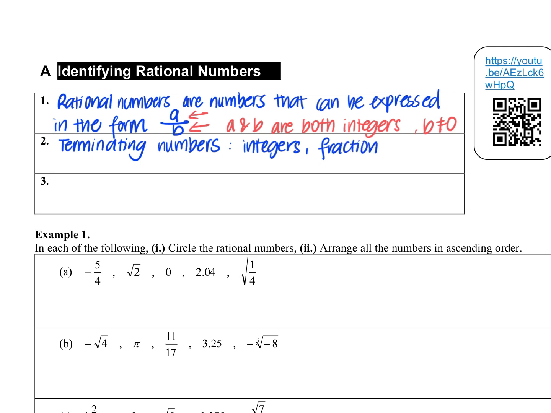So as long as I have an integer or a fraction, it will definitely be a rational number. What other ways are there to identify rational numbers?